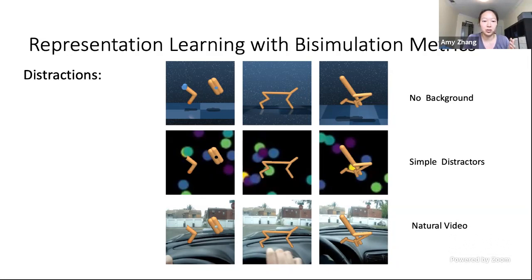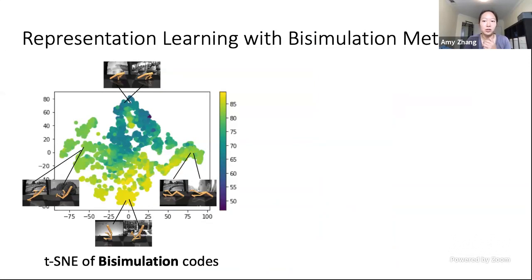Before I get to the results, I just want to show some qualitative results. Here is a t-SNE embedding for walker walk in our natural video setting. The color code here is the predicted value from the critic.